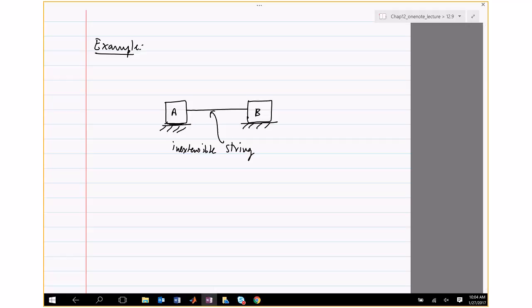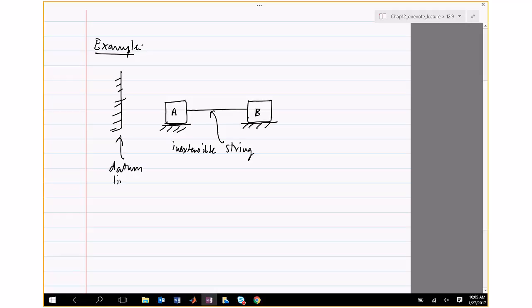So if I say xb, the displacement of particle B, is 1 unit to the right, then it's obvious that A would move 1 unit to the right, right? So what I'm going to do is have what I call the datum line.